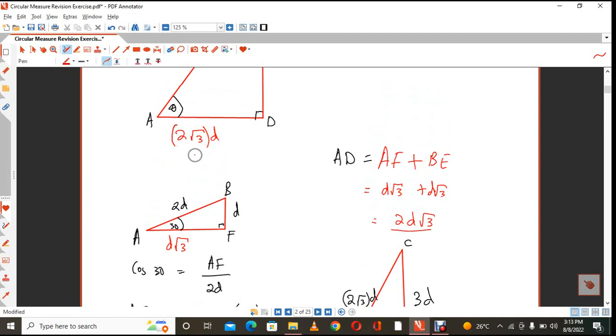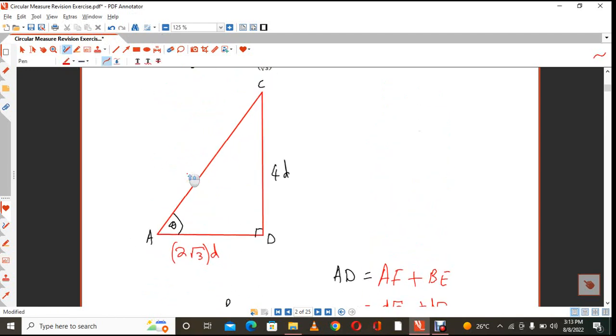We now know what AD is. We also know what CD is. So we can actually calculate the tangent. The tangent of angle CAD is the opposite, which is 4D, over the adjacent.